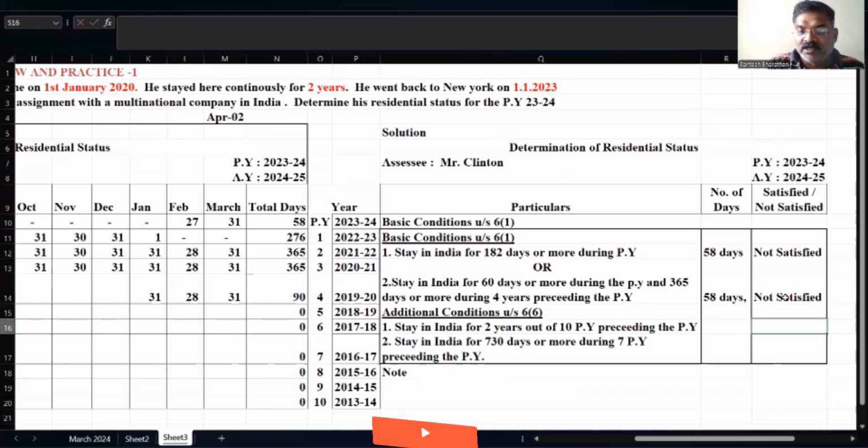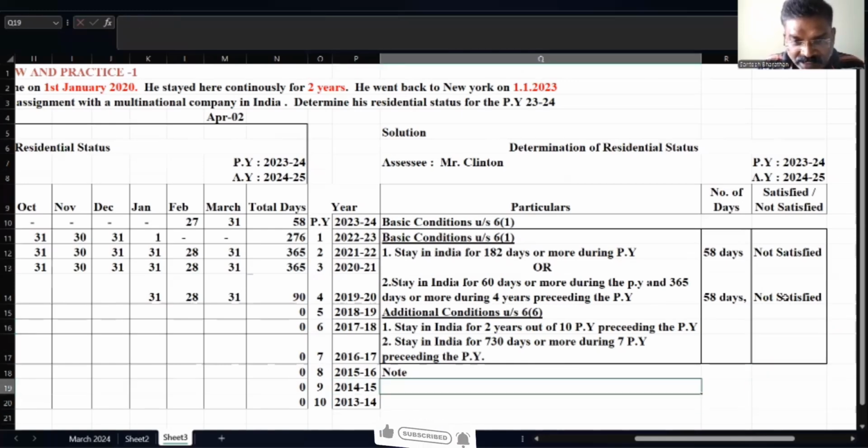So if the individual has not satisfied any of the basic conditions, straight away we can declare him as a non-resident. So I'll come to the conclusion directly instead of going to the additional condition, not required. Additional condition under section 6, subsection 6 is not required to see. Why? Because he has not satisfied the basic condition.